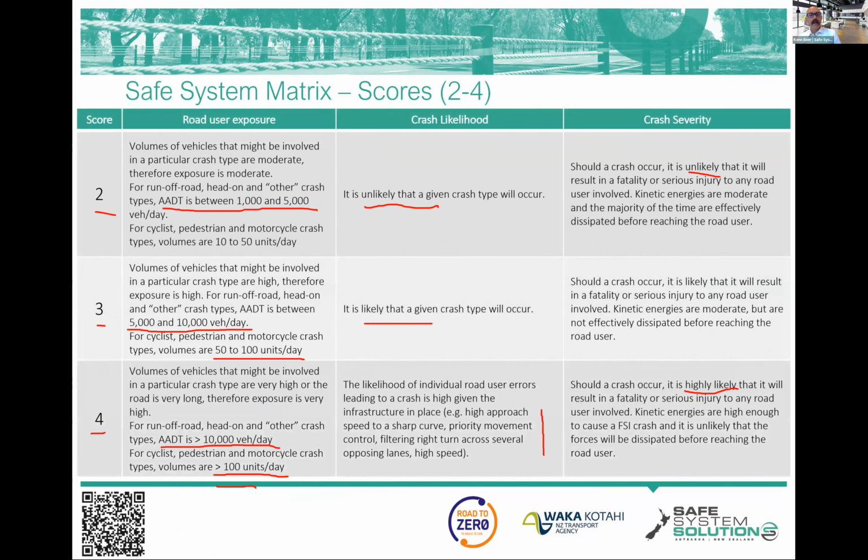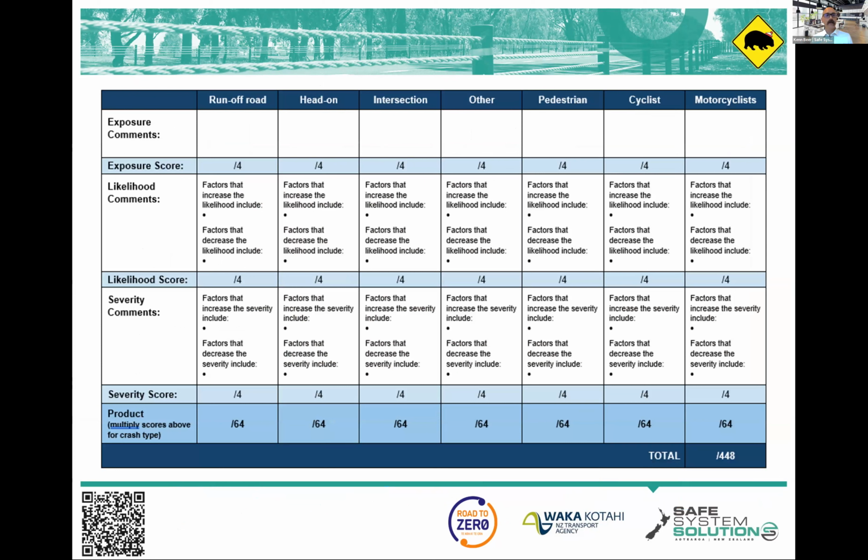So you can see then, and I'm going to give you a break in just a minute, you can see here in the template that Waka Kotahi provides, they give you this matrix, and it's a Word document, so you're able to grab it and start populating it yourself.